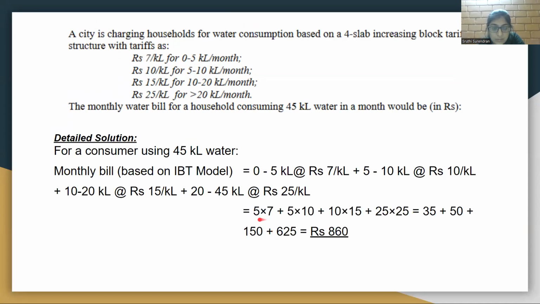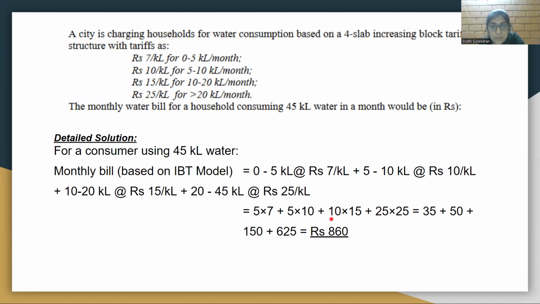So the first 5 kiloliters is charged 7 rupees. The next 5 kiloliters: totally if he uses 10 kiloliters per month, the first 5 will be charged according to the first slab, and the next 5 kiloliters he's using will be charged according to the second slab.